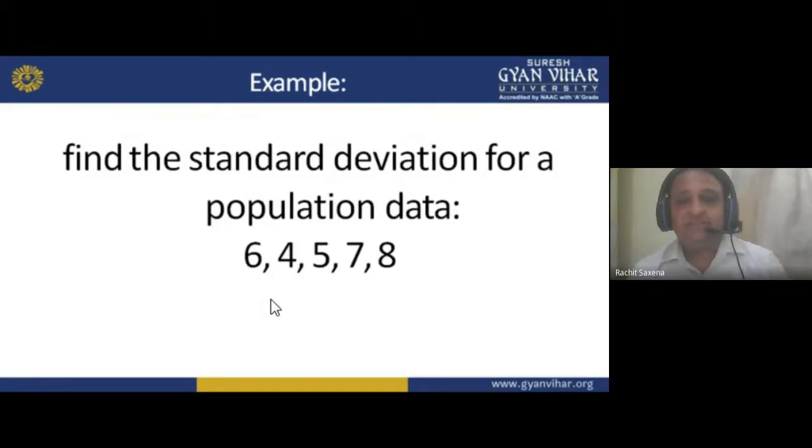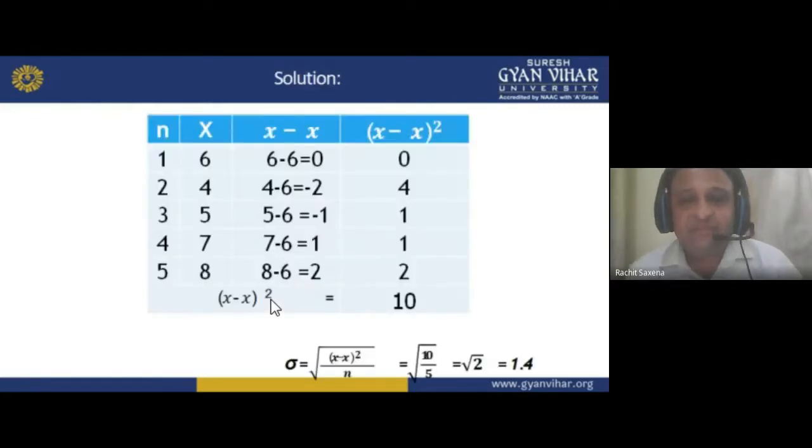I hope you understand this. Now see here, first we make a table also. We can easily calculate in this manner. Just go through it, just see it, my dear student.